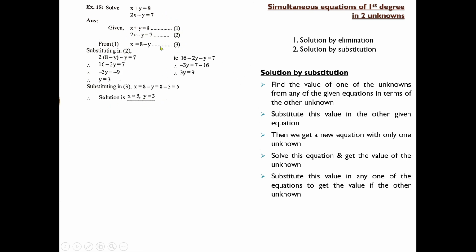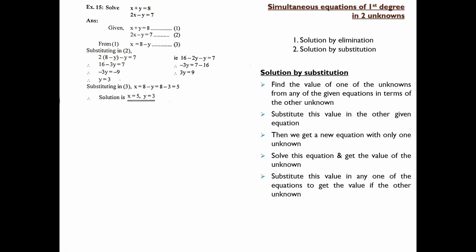Before doing this computation using substitution, we already found the values of x and y. How? Because we all know the method of solution by elimination. That is the most common method which we learned in smaller classes. At that time you might not have known the name of the method. It is known as solution by elimination. In the examination, you may come across a question like this. You can use any one of the methods. There is no restriction regarding that.